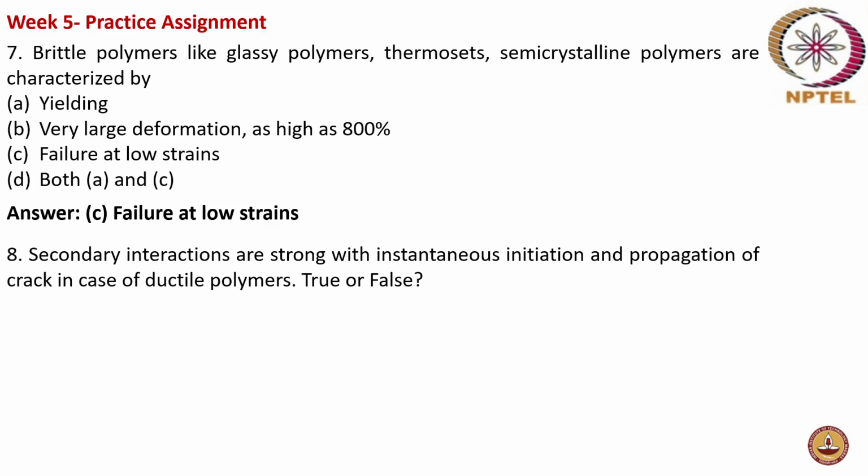Similarly, a rubbery material can take a large deformation, up to 800% strain. There might be some yielding material which fails at low strain, whereas some brittle materials fail at a higher strain. But in general norm, if you look into the plots, it will be that case.